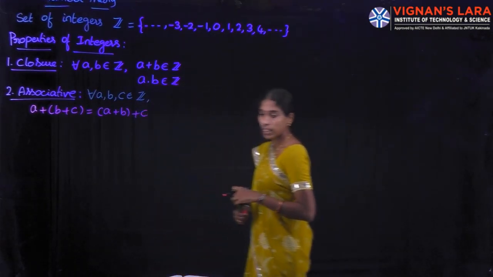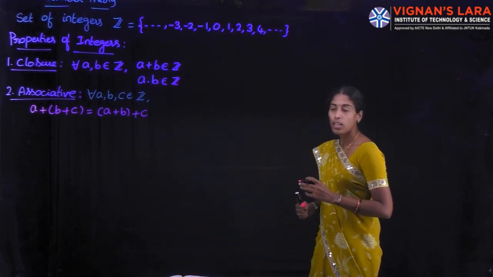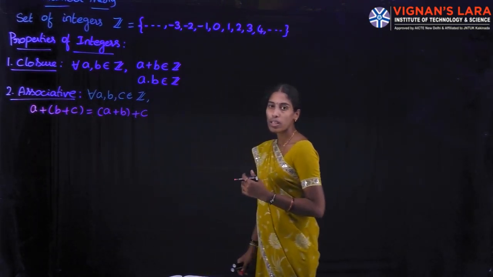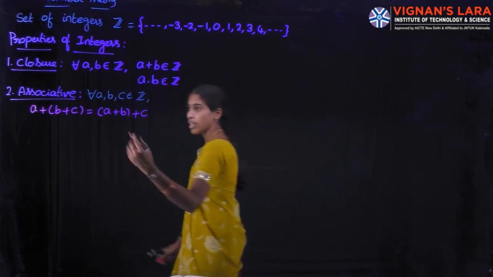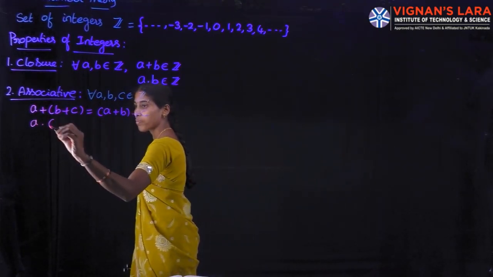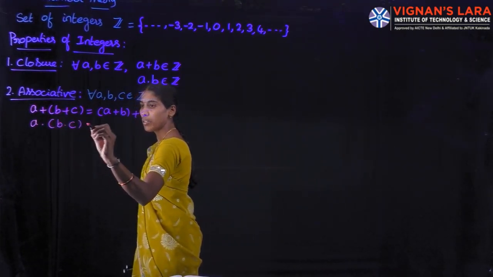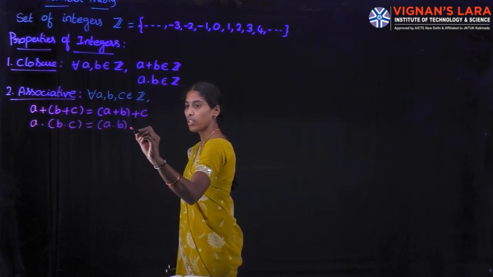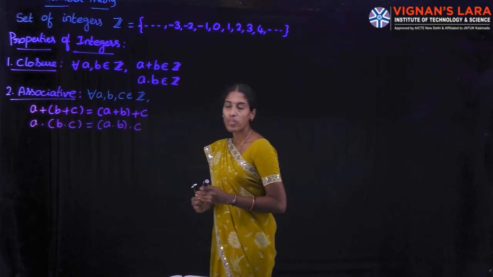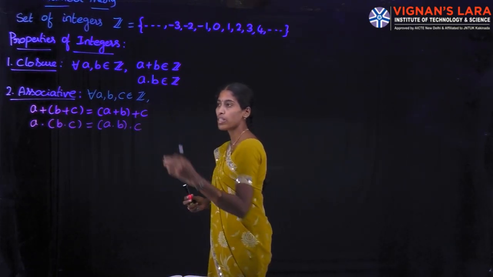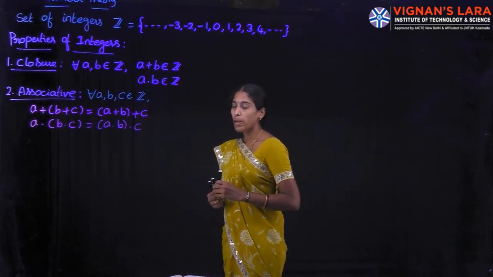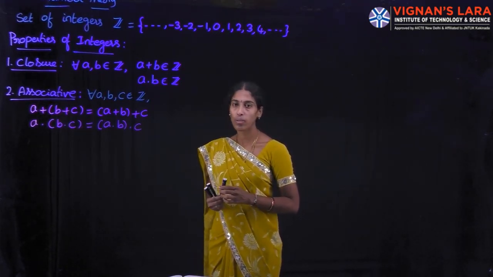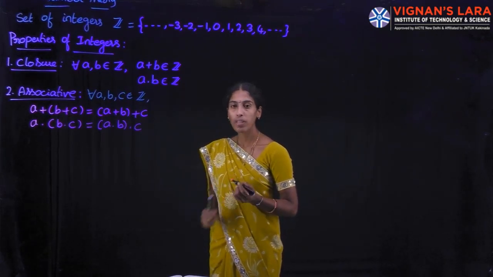If we take any three integers and add them like this, the associative law is satisfied. The other one is (a into b) into c equals a into (b into c). So for the set of integers, both addition and multiplication satisfy the associative law.